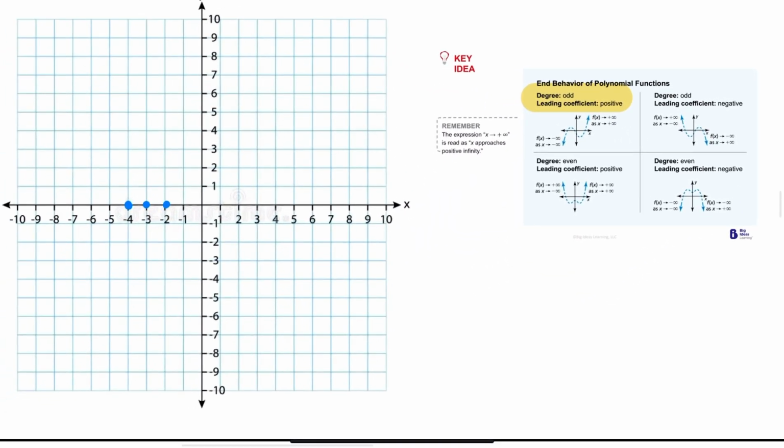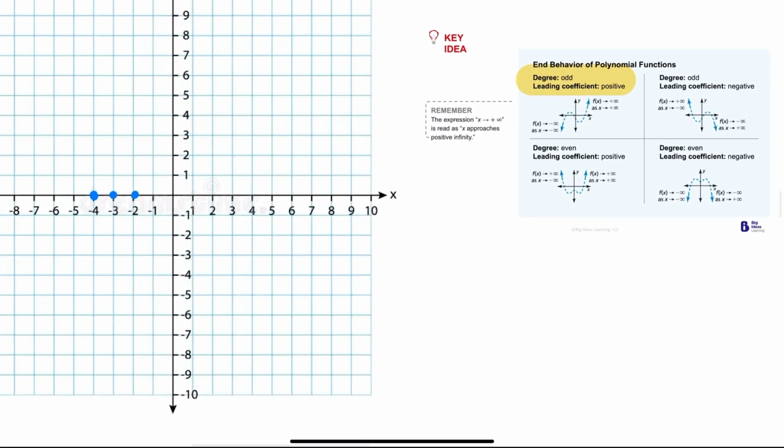So let's mimic that when we sketch the graph. We should be starting on the left side, pointing downwards. So something like this, right? But on the right side, as we are finishing the graph, should be pointing upwards. Something like this. Okay?